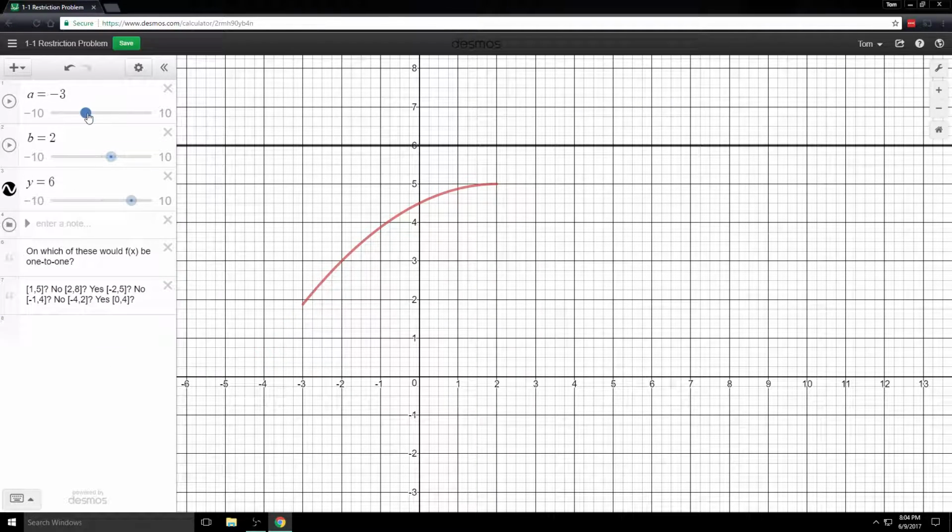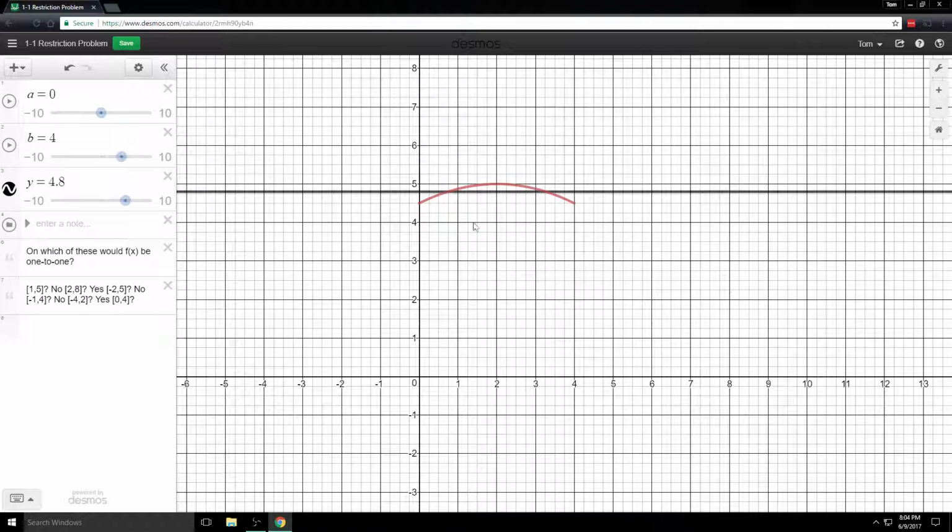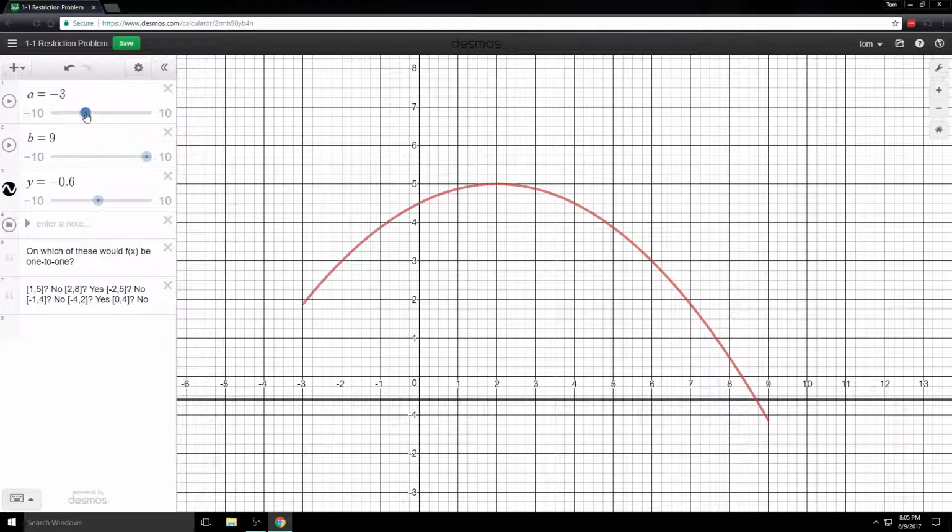All right, and finally 0 to 4. And here the answer is going to be no, right? Because here is a horizontal line that intersects the graph in more than one spot. So the answer on that one is no. Oops, our original one was to 8 here. I think negative 4 to 8 maybe. So yeah, those would be the answers on those.